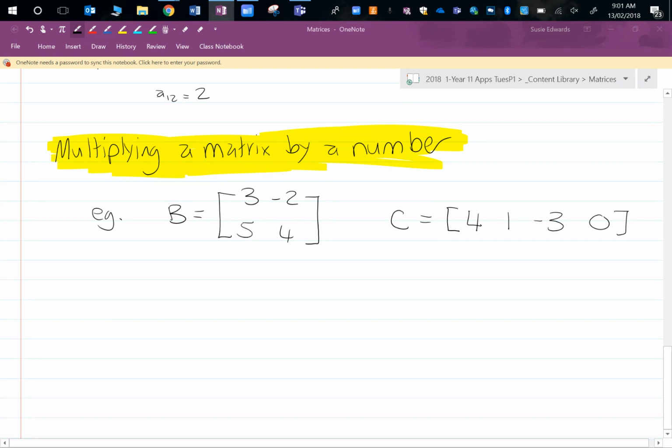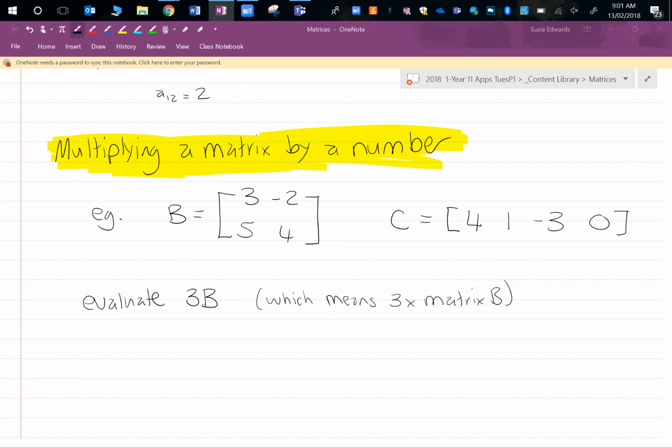So your question might then say, evaluate 3B. So what does that mean? It means 3 times matrix B. So if you have a number at the start, all we have to do is multiply each thing in the matrix by that number.